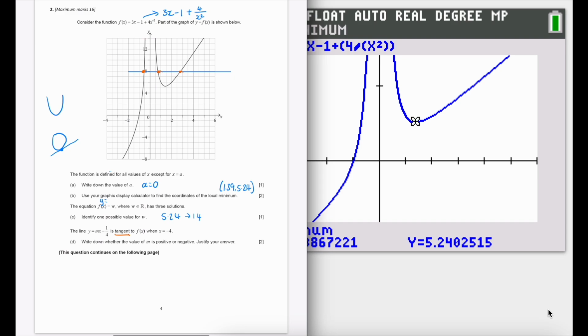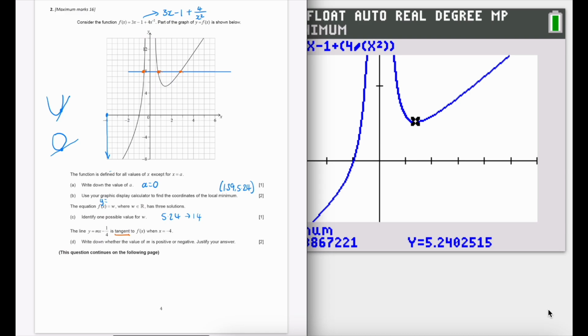And it's the same with a curve or an equation. A tangent just touches it exactly once. So if we have the line of y equals mx minus 1/4, and it's the tangent when x equals -4. So x equals -4 here.